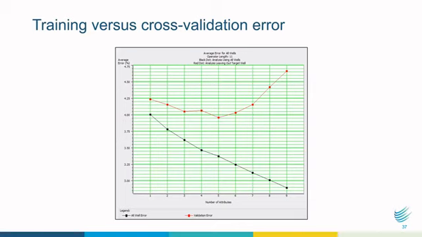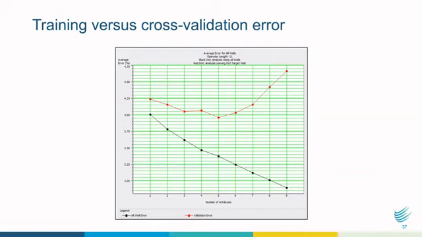When you use any neural network, it's very important not to overtrain it. To avoid this overtraining, we used a cross-validation technique, which is again quite common practice for neural networks. On this figure, you can see the training error in black, which uses all the wells, and the cross-validation error in red, which leaves wells out one by one and performs prediction from the other wells.